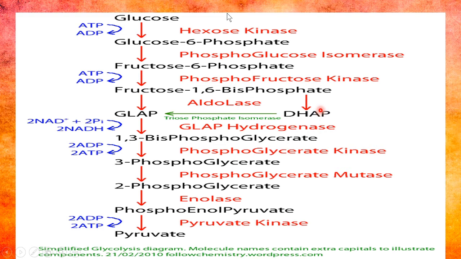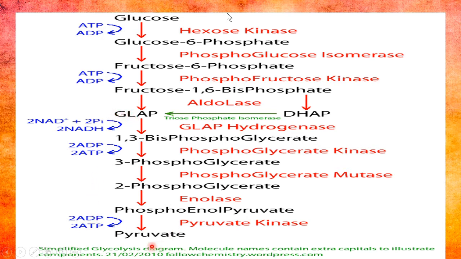DHAP is converted into 3-PGAL with the help of the enzyme triose phosphate isomerase. Thus, the respiratory substrate is now in the form of two molecules of 3-phosphoglyceraldehyde.